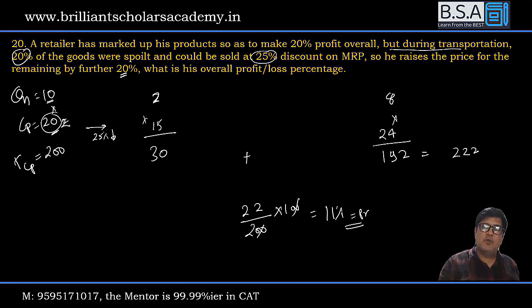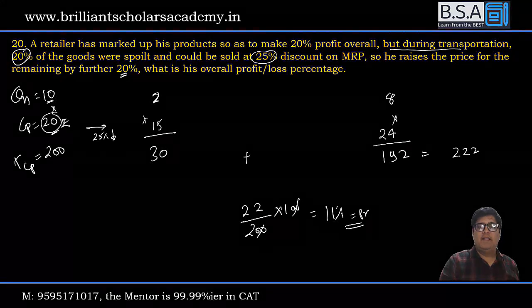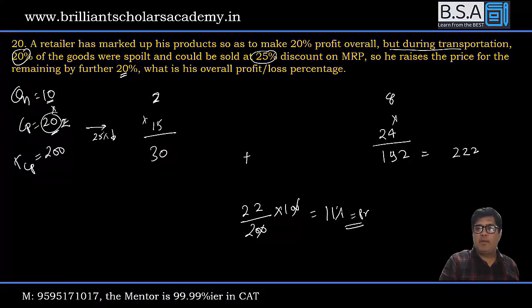Why did I assume 20 rupees? Why not 100 rupees? You can assume 100 rupees. You can assume 500 rupees. Your calculation will keep increasing. By assuming correct, proper values, you will have less calculation. At one point, I'm increasing 20%, so that is 1/5.